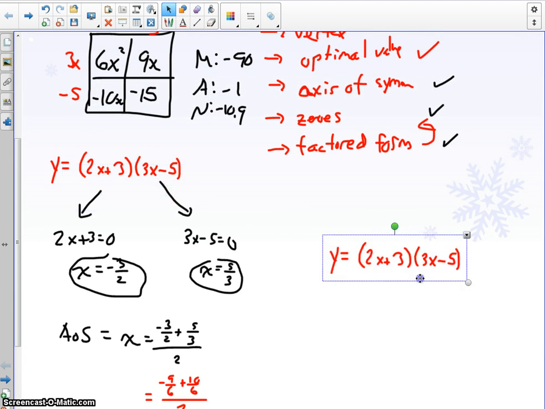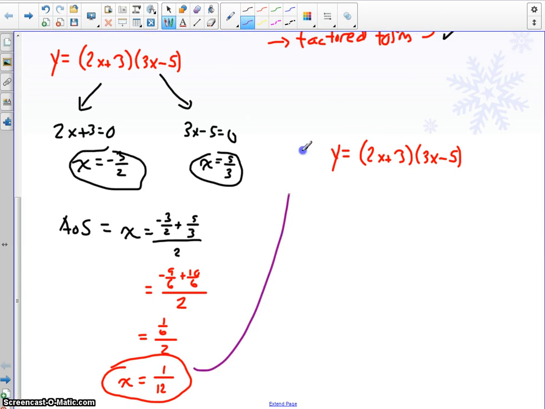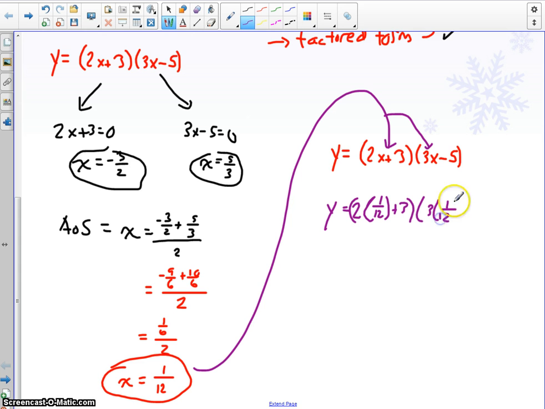So I copy my equation here and replace the x in the equation with 1 over 12. So I have 2 times 1 over 12 plus 3, and 3 times 1 over 12 minus 5.